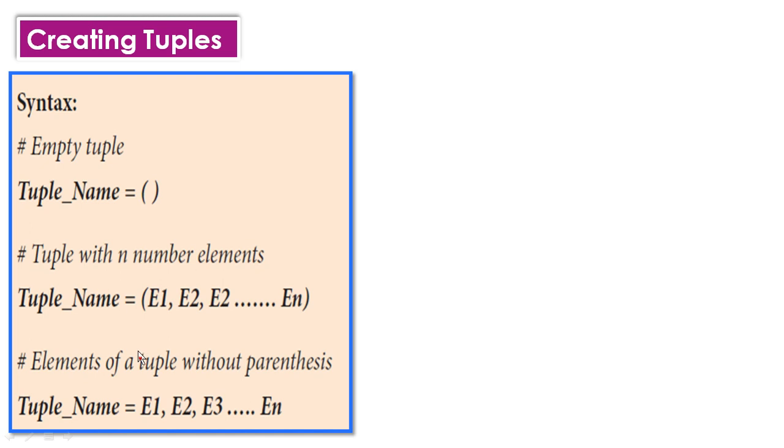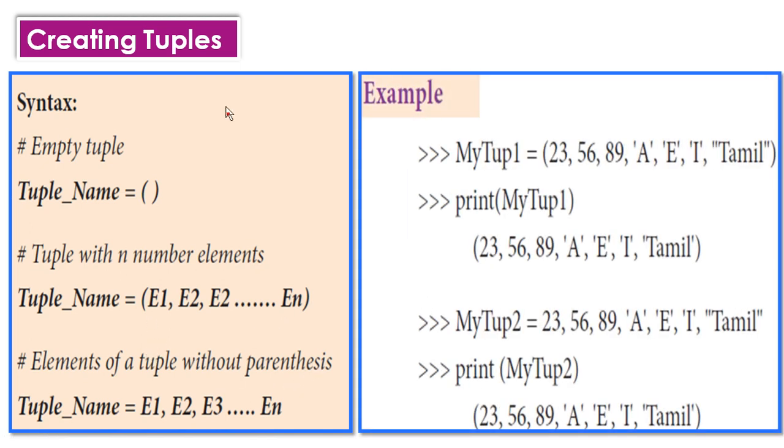We can also create a tuple without parentheses. In this syntax, tuple name equal to E1, E2, E3 and up to En, but this is not enclosed with parentheses. So parenthesis is default. Here are some examples. myTup1 equal to 23, 56, 89, A, E, I, Tamil.